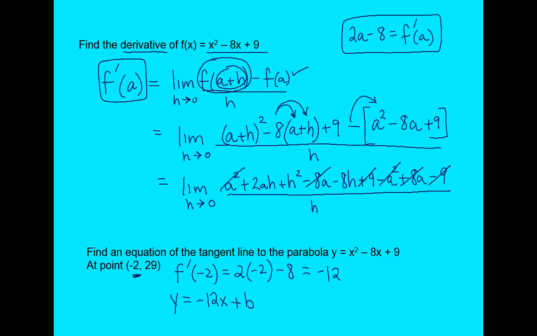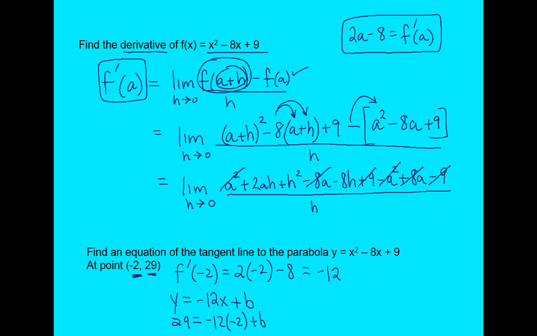Now to find b, we could plug in -2 for x, and 29 for y. So we'd have 29 equals -12 times -2 plus b. And now we could solve for b.